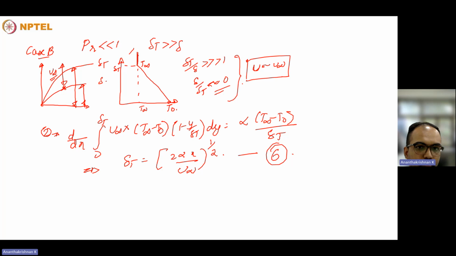The Nusselt number value will be equal to q double dash divided by T0 x minus T infinity x divided by k.